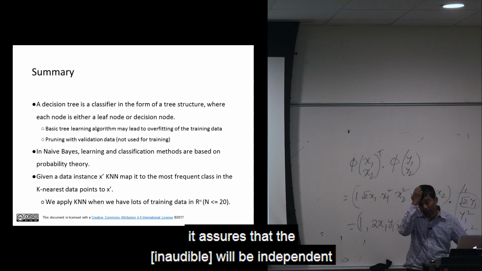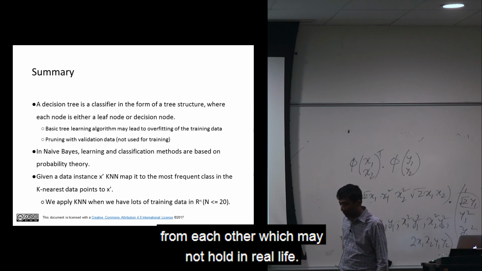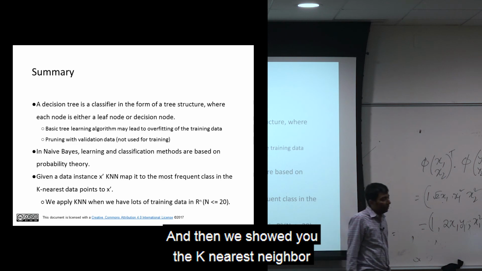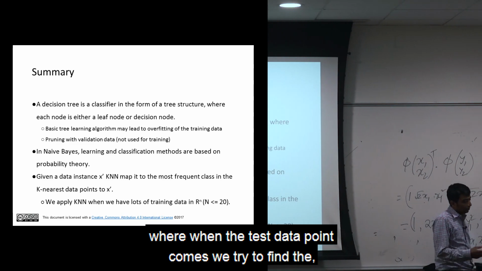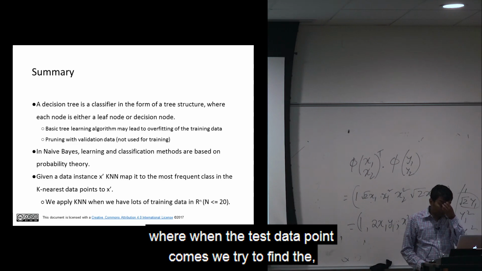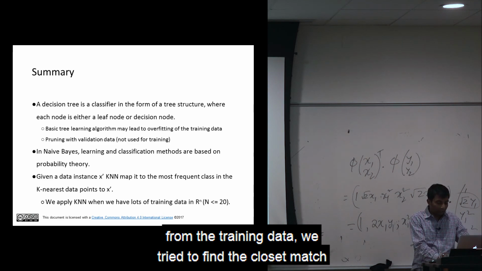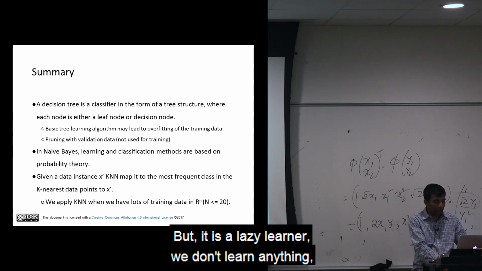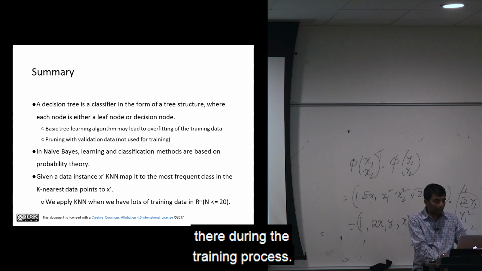It assumes that the attributes are independent from each other, which may not hold in real life. And then we showed you the k-nearest neighbor, where when the test data point comes, we try to find the closest match from the training data and then assign the class label. But it is a lazy learner. We don't learn anything during the training process.